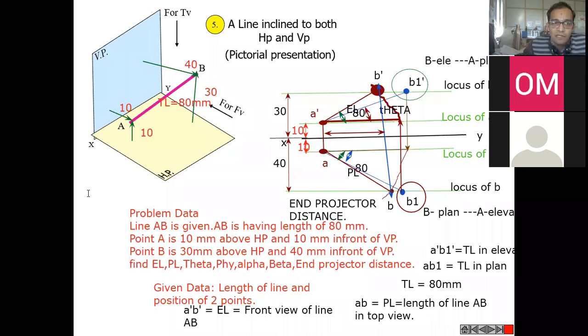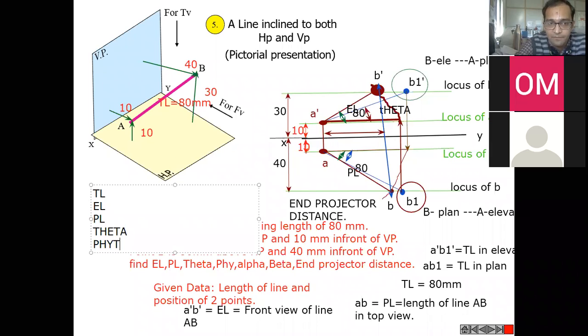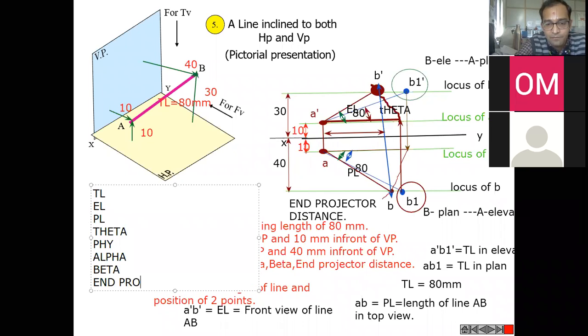So what we are going to have over here is this much information: PL, true length, plan length, elevation length, then theta, then phi, then alpha, beta, and end projector distance.